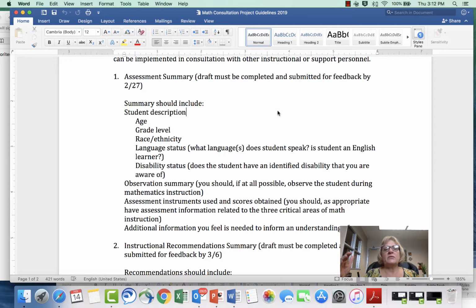In terms of the assessment summary, you first need to describe your student: the age, the grade level, race, ethnicity. You always need to know a student's language status. Now remember, none of y'all have done or will do a language fluency measure on these students. So I find a lot of times my students will want to say, well, this child is fluent in English or this child is fluent in Spanish.